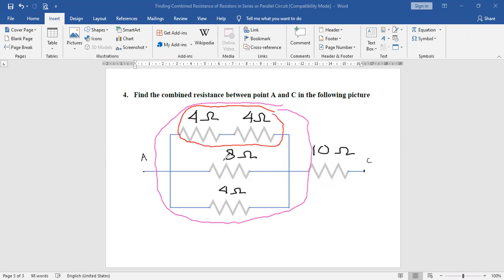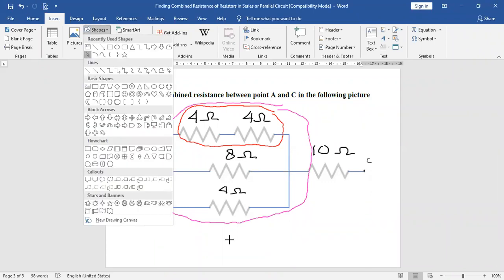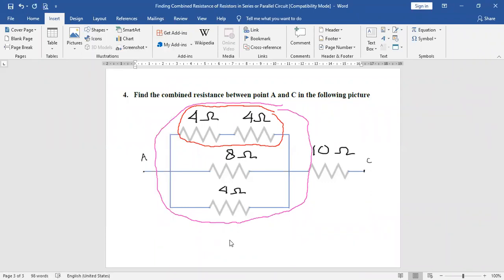In order to understand it better, you can remake the circuit. You can redraw the circuit. For example, it will come like this.